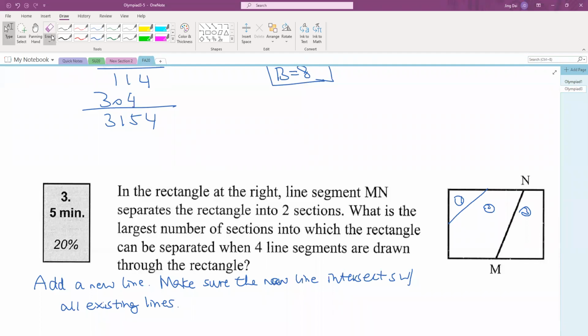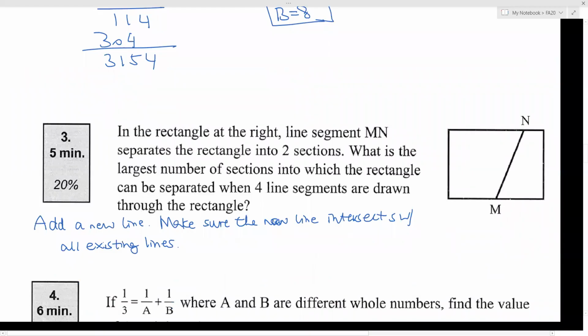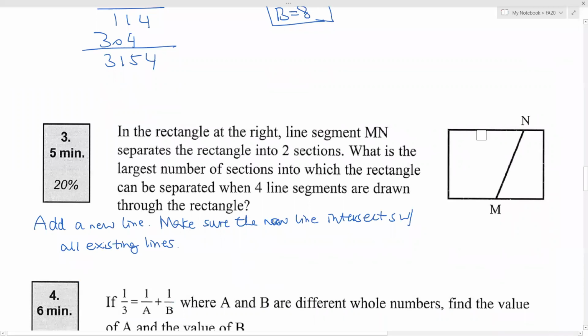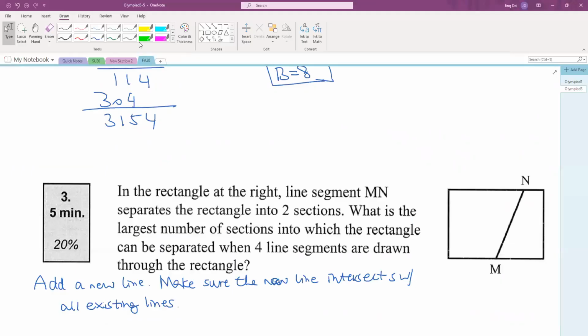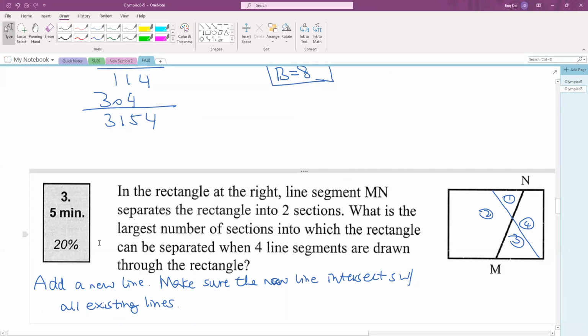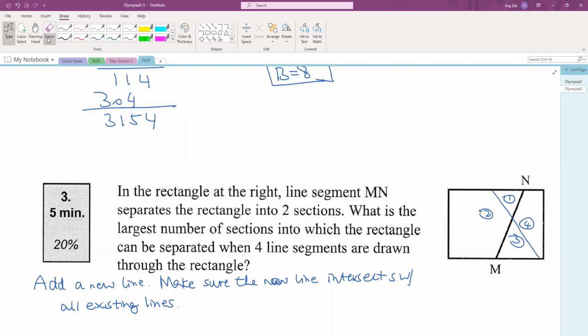However, if I make sure that I intersect with the existing line, which is this MN line here, then I've got 1, 2, 3, 4 segments. That makes a huge difference, right? It was 3, now I added one more. And we want to continue with that kind of thinking when we add more lines.